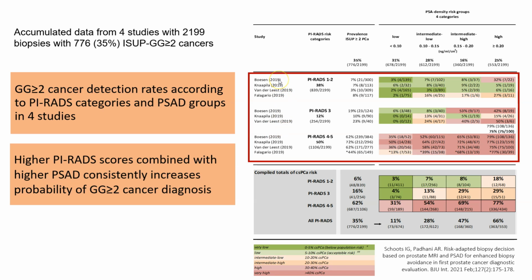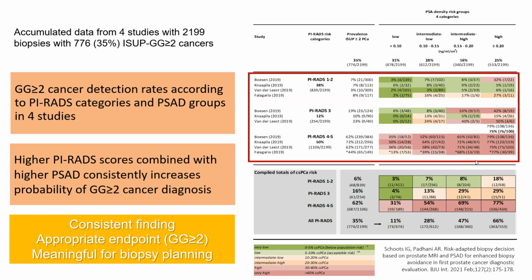You can see that in 4 studies combining over 2,000 patients, a lower PI-RADS score with a lower PSA density consistently shows a lower prevalence of clinically significant disease. A higher PI-RADS score with higher PSA density consistently shows a higher likelihood of clinically significant disease.